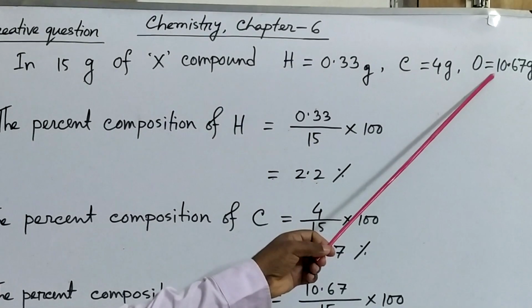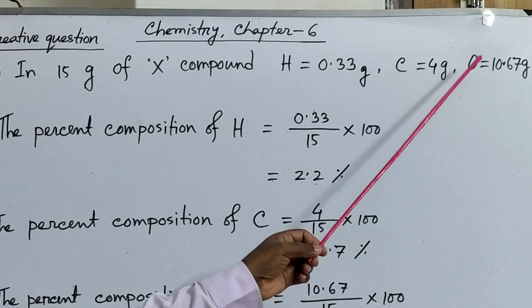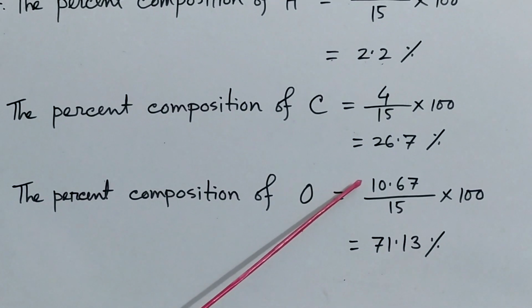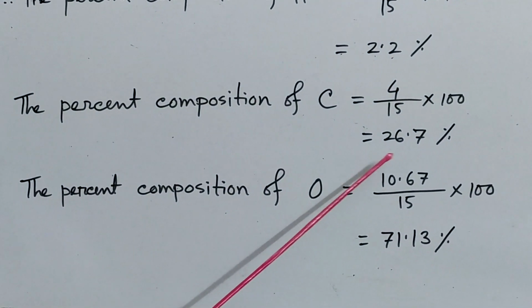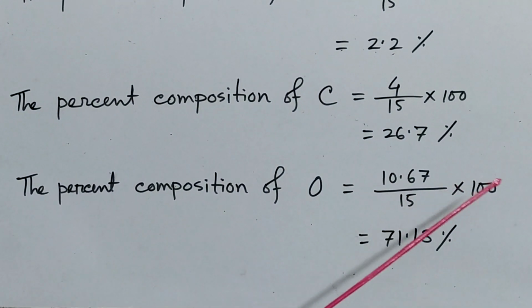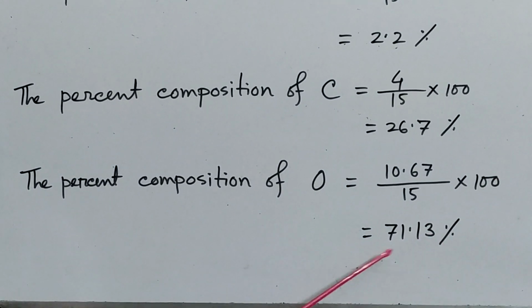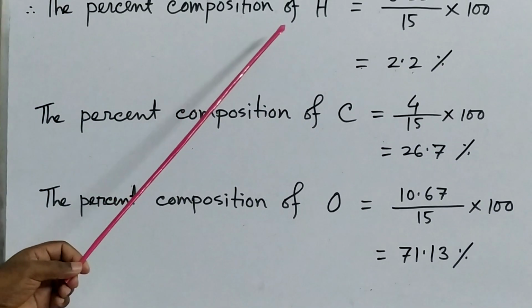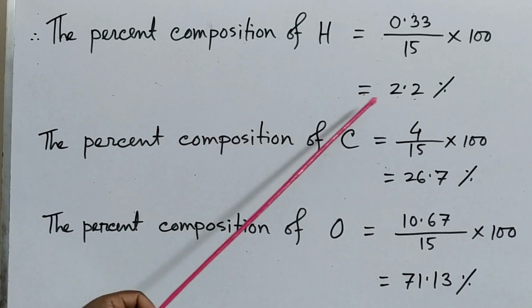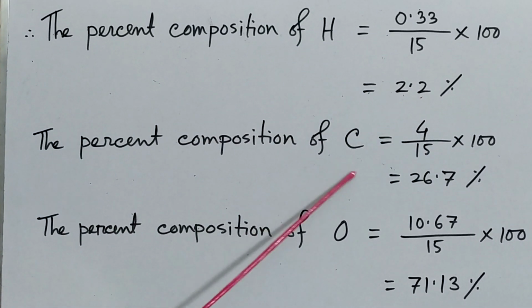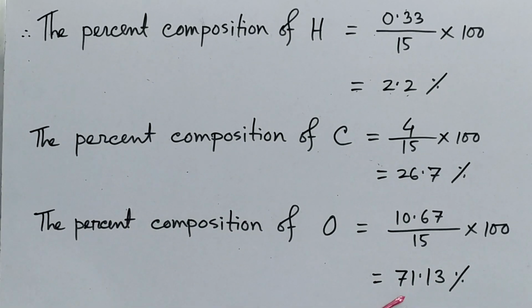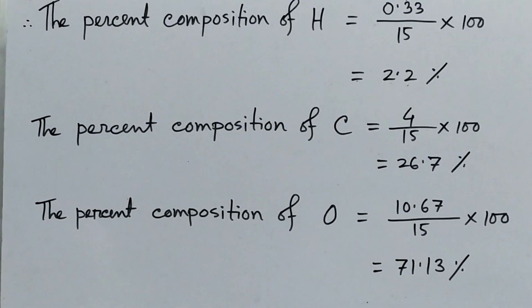Amount of oxygen is 10.67 gram, total 15 gram, so 10.67 divided by 15 into 100, it will be 71.13%. So these are the answers: hydrogen 2.2%, carbon 26.7%, and oxygen 71.13%.